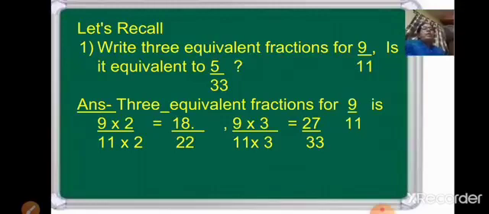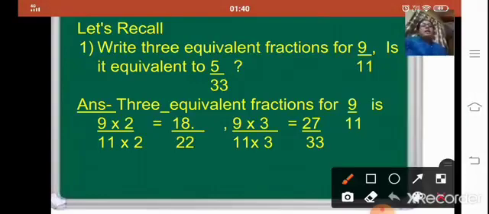Okay, so for 9 upon 11, you all know that equivalent fractions are those fractions which represent the same or equal values. Now for 9 upon 11, you will multiply 9 by 2 and 11 also by 2. When you multiply by 2, you will get 18 upon 22.